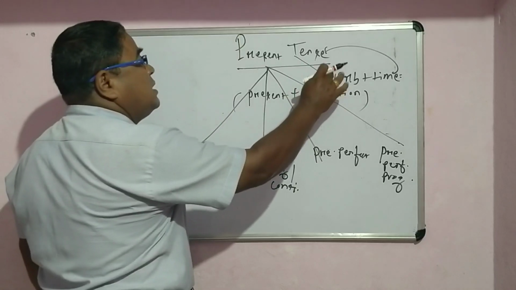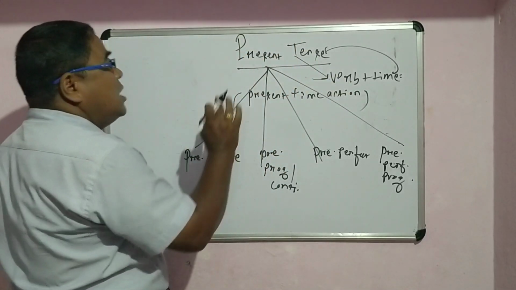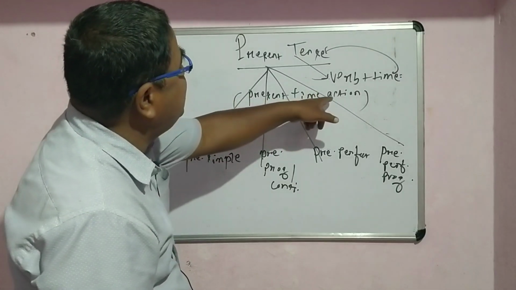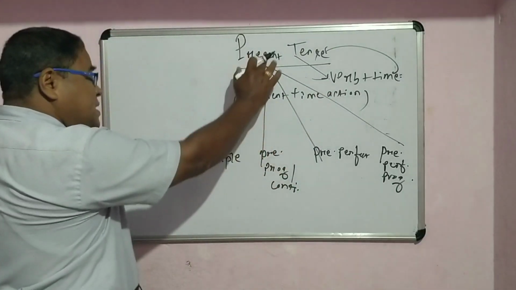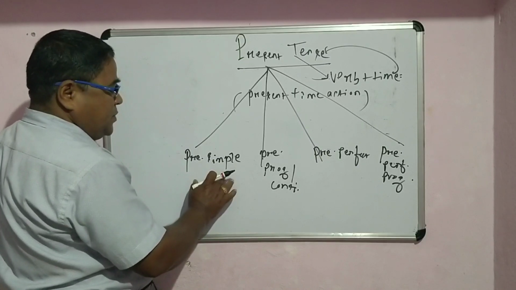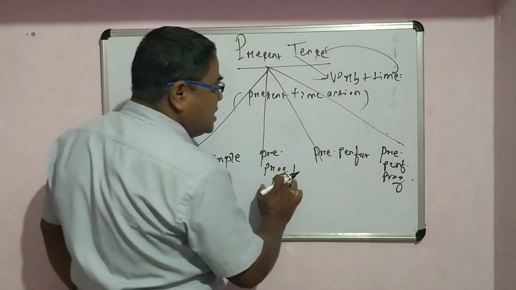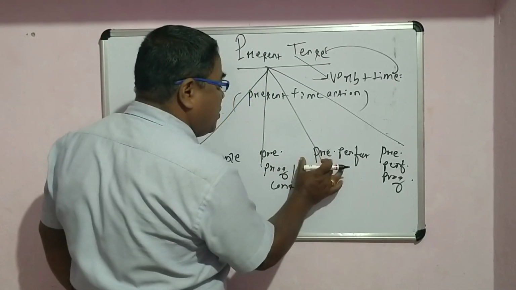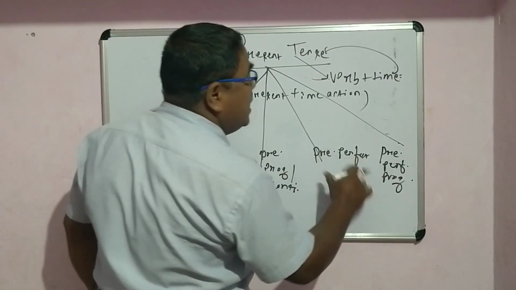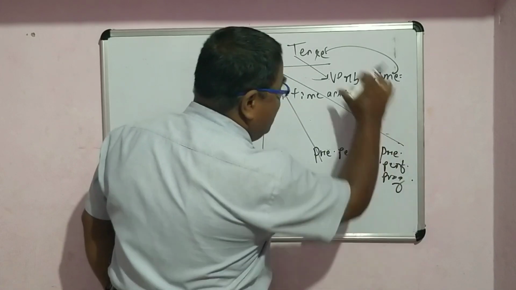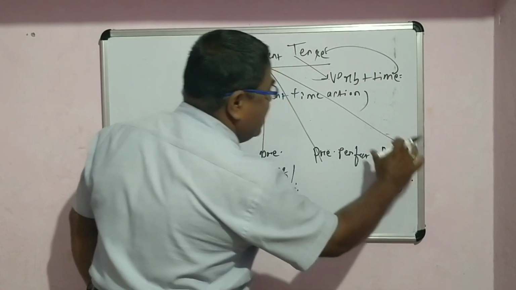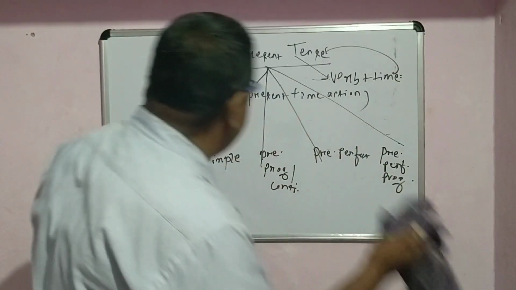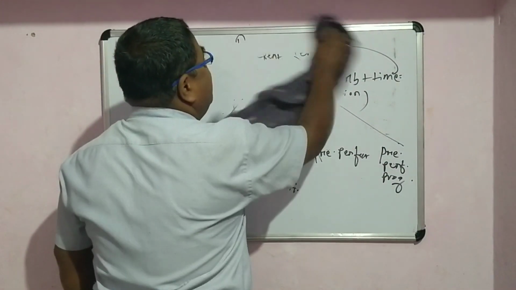So far as the present tense is concerned, which simply refers to the present time action, the present tense has got four important forms: present simple, present progressive or continuous, present perfect, and when present perfect and present progressive are combined, we get a new tense form of the present tense that is called present perfect progressive. So our four forms of the present tense are already there. You just know these four forms.